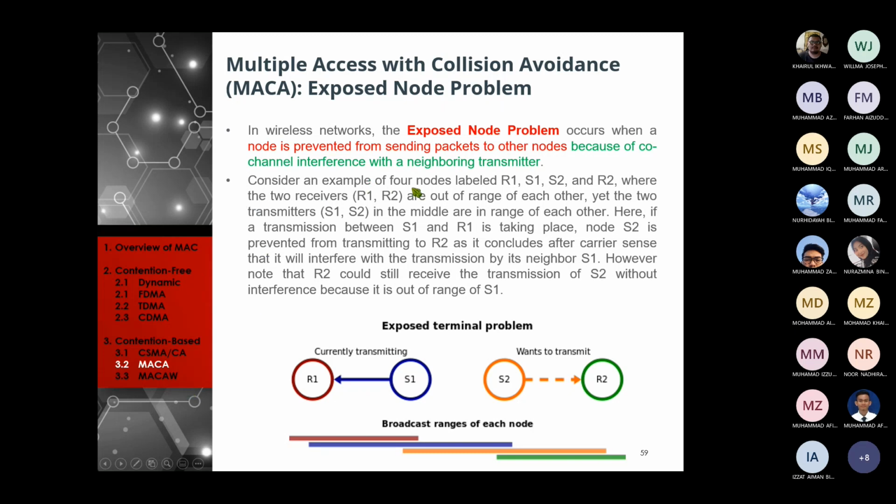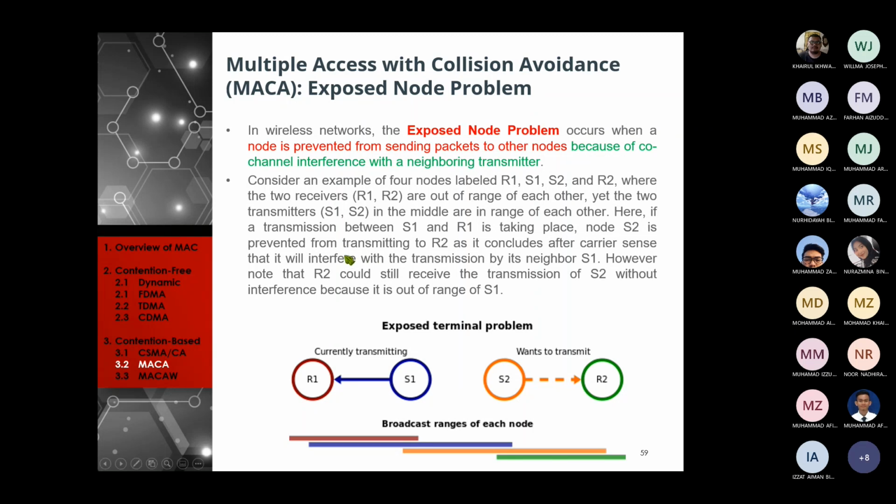Consider an example of 4 nodes labeled R1, S1, S2, R2, where the two receivers R1 and R2 are out of range of each other, yet the two transmitters S1 and S2 in the middle are in range of each other. Here a transmission between S1 and R1 is taking place.